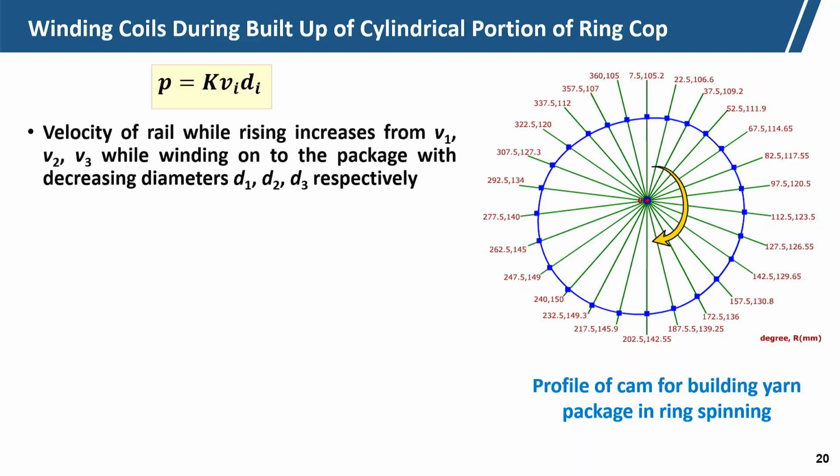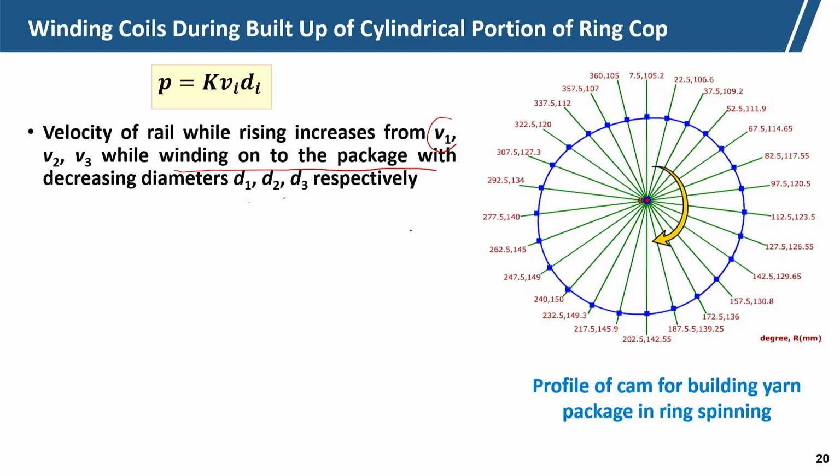The velocity of the ring rail while rising increases from V1 to V2, V3. So, gradually it will increase, while winding on the package with decreasing diameter D1, D2, D3.